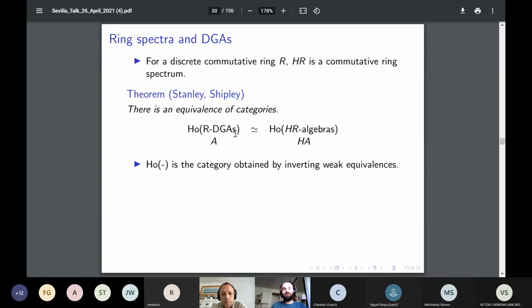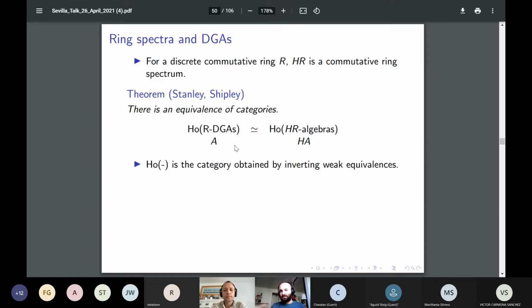So you invert those homology isomorphisms and you obtain this homotopy category, which philosophically contains the information you really care about. And similarly, in spectra, we have weak equivalences. These are maps that induce isomorphism in homotopy groups. And the homotopy category becomes the category you're really interested in, in certain ways.